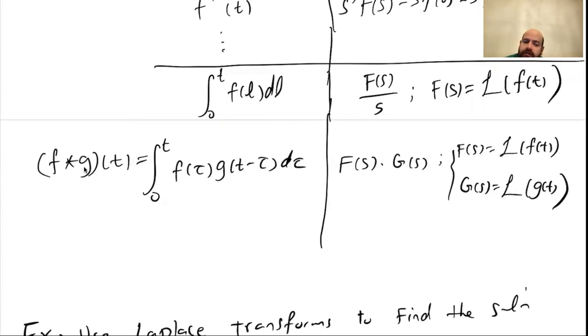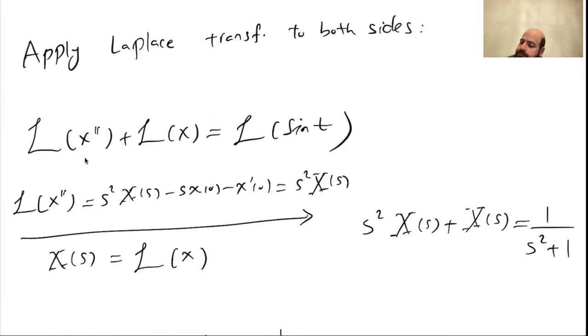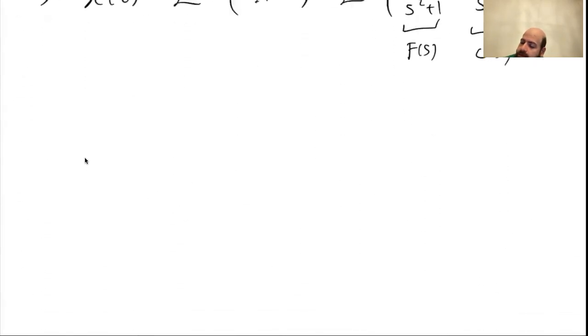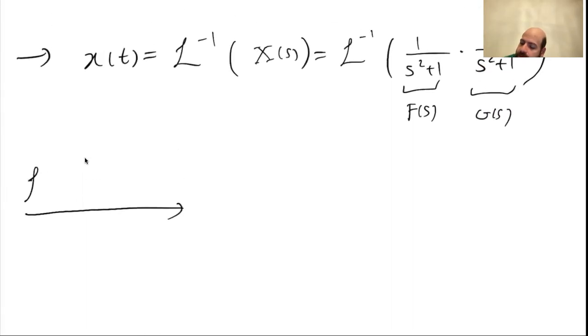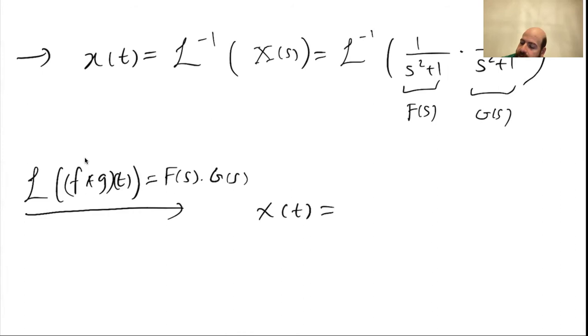The Laplace transform of the convolution of two functions is the product of the Laplace transforms. So that means the inverse Laplace transform of the function on the right-hand side is the function on the left-hand side. Because we know that the Laplace transform of f star g of t is equal to capital F of s times capital G of s, we can say that x of t will be f star g of t.